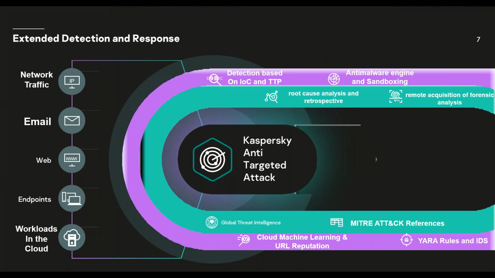It's the endpoint detection and response portion of it. That means that the CATA, or the anti-targeted attack, can be integrated with the endpoint detection and response solution, right? And when we do that, we have the capacity to detect and respond immediately when the malware comes in.